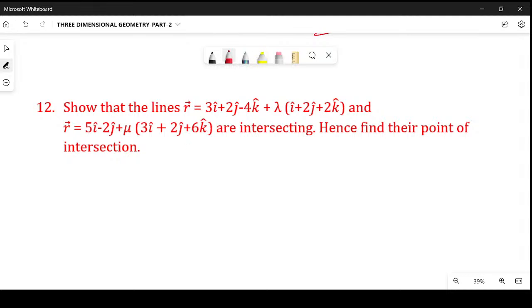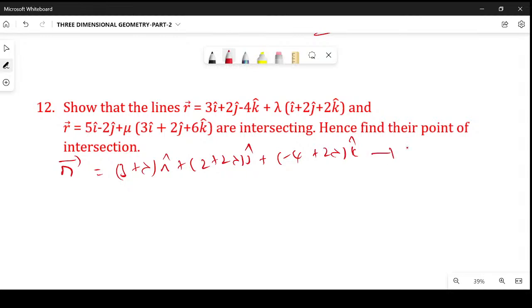Otherwise, if we take the first equation r bar and rearrange it, I can write (3 plus lambda) i cap plus (2 plus 2 lambda) j cap plus (minus 4 plus 2 lambda) k cap. This is one of the lines, equation 1.